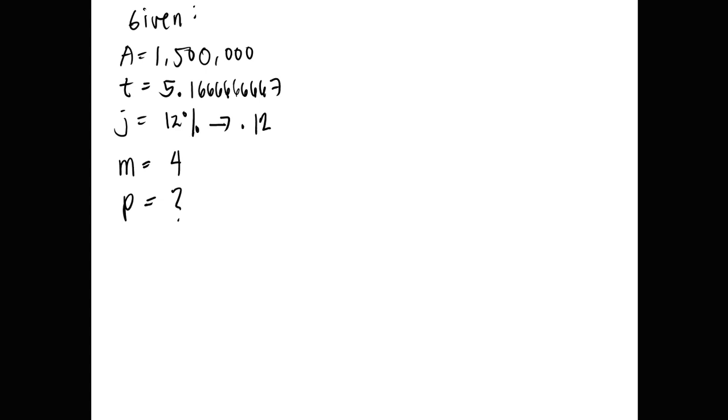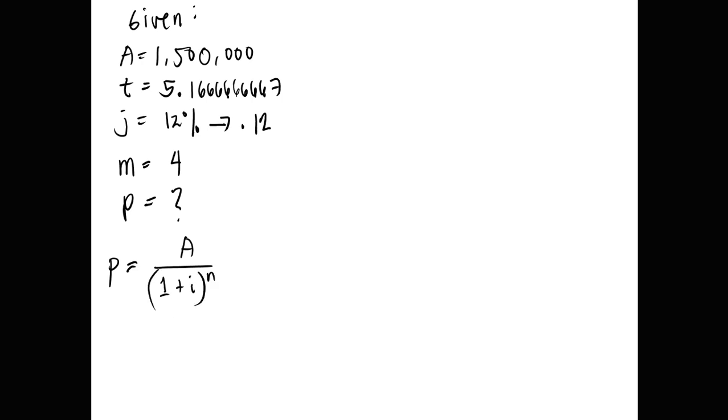Okay, for him to be able to get 1.5 million after 5 years and 2 months. So after you write the given, of course, write the formula. Okay, formula for the principal amount, we have A over 1 plus I raised to N.